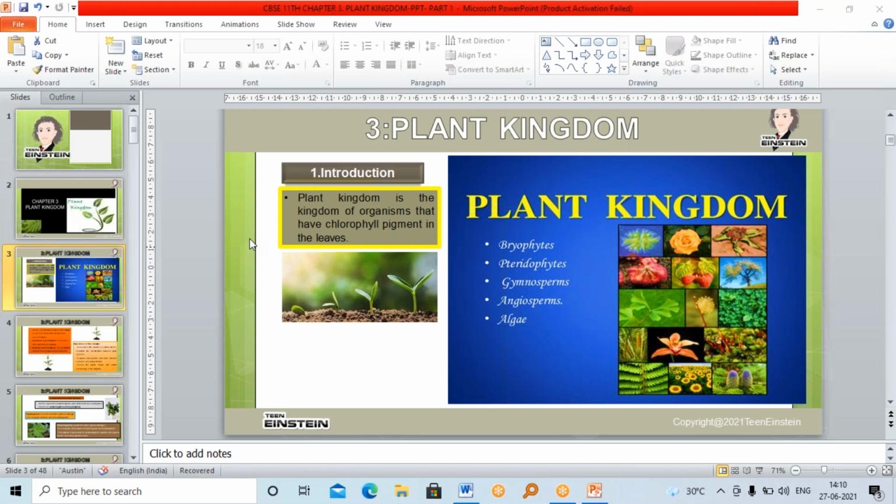So these are the general features. What are all the general features? They are the main producers of the ecosystem, and they have chlorophyll pigment in their leaves. Plants are multicellular and photoautotrophic. With the help of chlorophyll and light energy, they synthesize their own food. They form embryo in sexual reproduction.